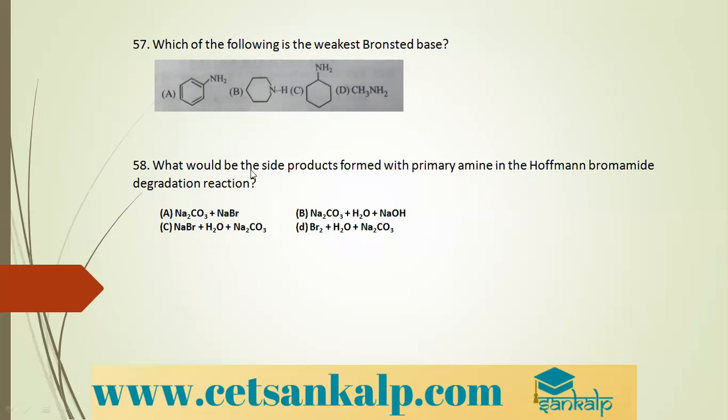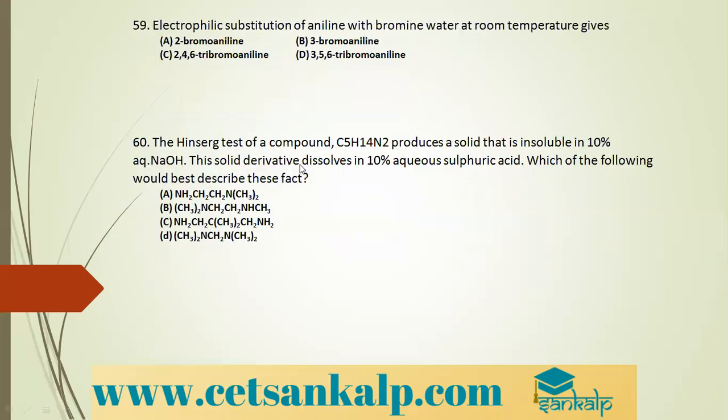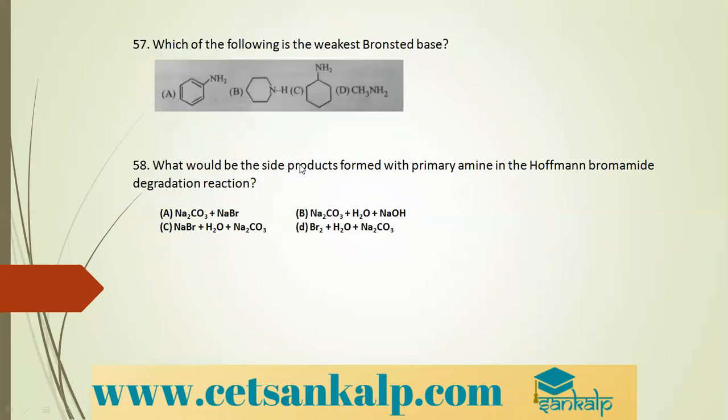Next, which would be the side products formed with the primary amine in Hofmann's bromamide degradation? CH3CONH2, bromine plus KOH. What do I get? I get one carbon less amine, CH3NH2, plus KBr, plus H2O, correct?